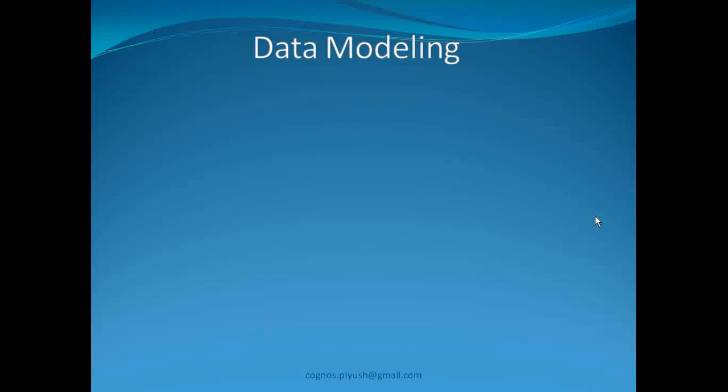Now let us discuss some of the key concepts used on top of data warehouse implementation. Data modeling. Once the data warehouse is developed, data modeling is the next business need. What is data modeling? It's the generalized logical relationship among the tables.